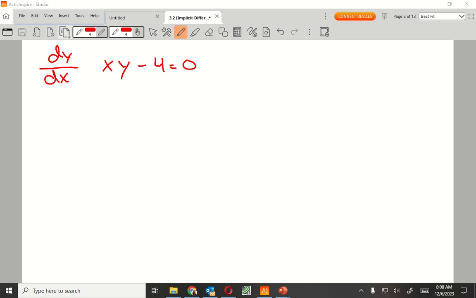But when we do this, we're actually going to be taking derivatives of variables that are not the x. So by that, I say that this is going to be a product rule. Okay? That's going to be a product rule. So by labeling it, that's an F and that's a G. So F prime, what's the derivative of x?